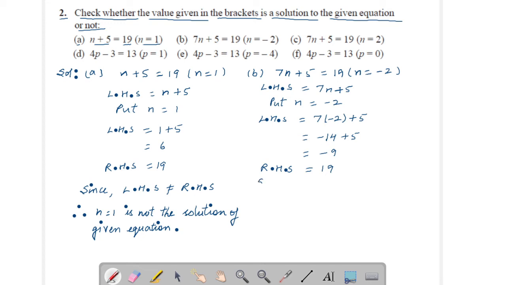Since here what we observe, that left hand side is not equivalent to right hand side.